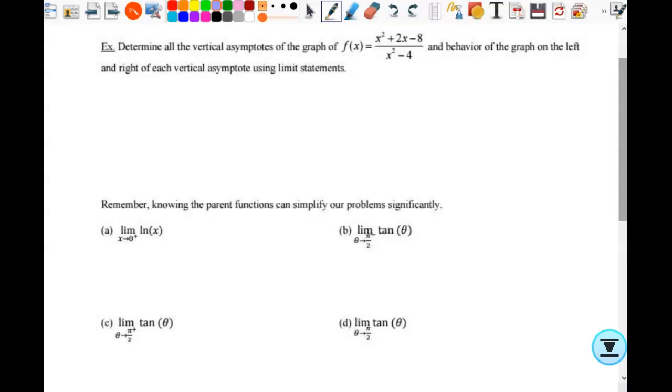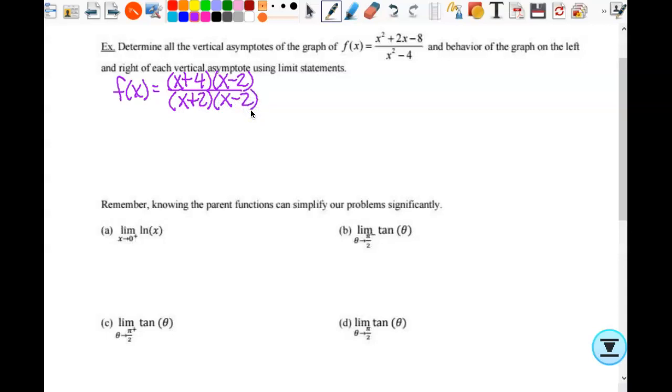This isn't even a limit statement right now, it's just a function. So f of x is equal to, and then I can factor it. The numerator is going to factor into x plus 4 and x minus 2, and the denominator, x plus 2 and x minus 2. I think we all kind of agreed to start there.